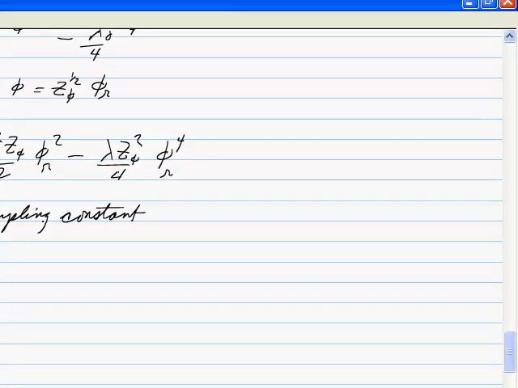Okay. This will then lead to counterterms. So at this stage, we don't yet have any counterterms. Well, actually, we could have. Okay.